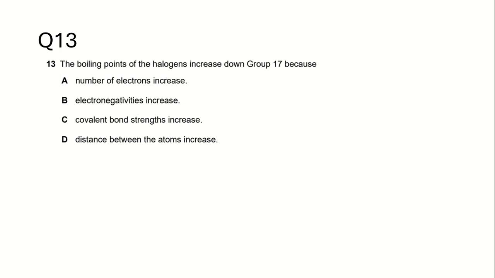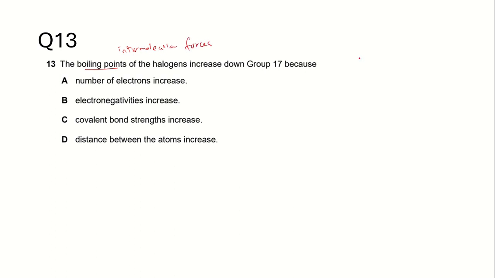Question 13. Boiling points of the halogens increase down group 17, because of intermolecular forces. Always relate boiling point to intermolecular forces.